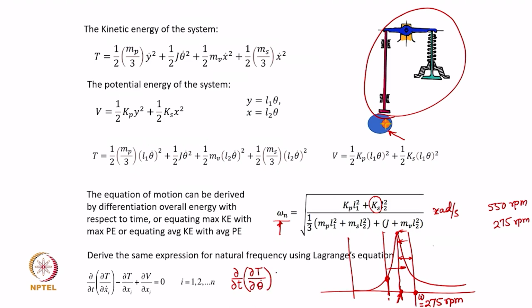You will have to first take the time derivative of this kinetic energy with respect to θ̇, minus ∂T/∂θ, because our generalized coordinate is θ, and then plus ∂V/∂θ equal to 0.